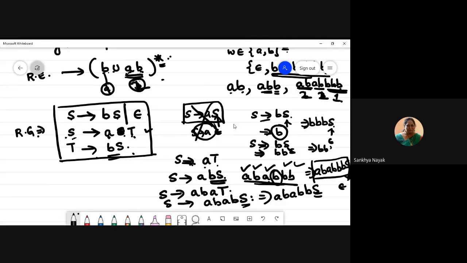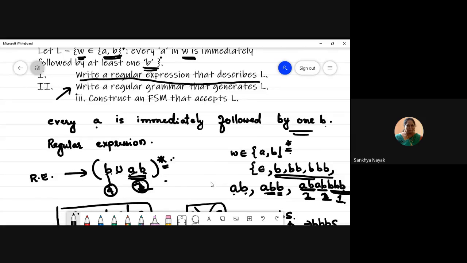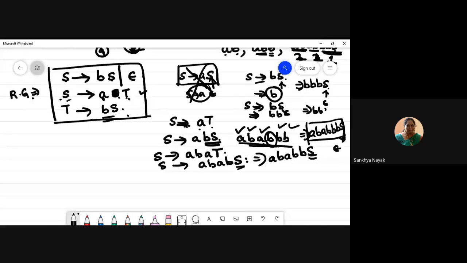Okay. And then the third part of the question was construct an FSM to accept. Construction of FSM is very easy, right? Starting symbol. On B, you remain in S, correct? So on B, you remain in S. S also derives epsilon.